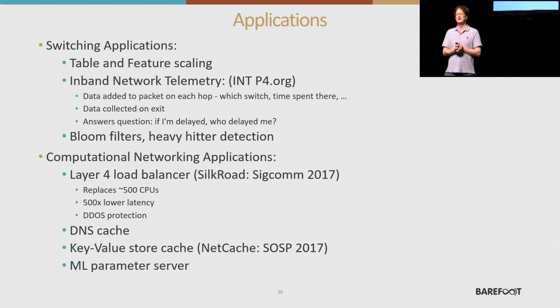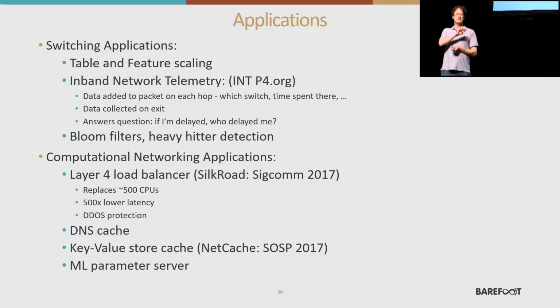Now, the first killer app of programmable switches is in-band network telemetry, INT. The way this works is that on each hop through a network, data is added to the packet saying, for example, what switch it went through and when and how long it was at that switch. Now, this information is extracted at the network edges and compiled from all locations.